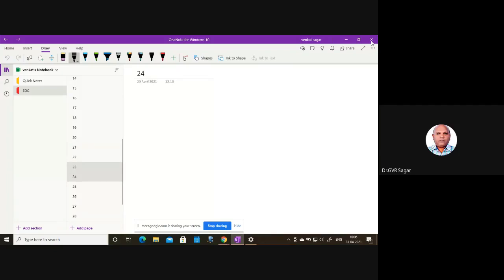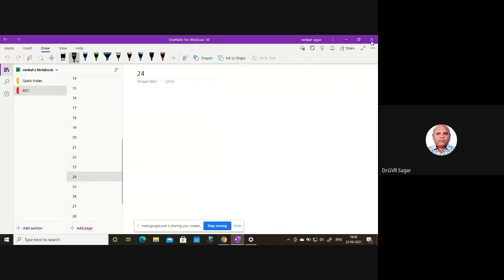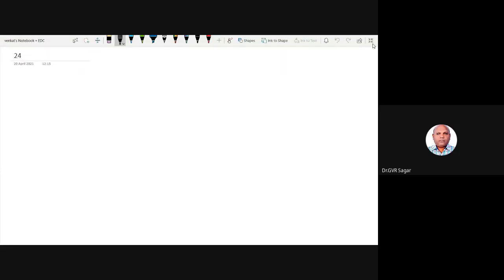So two devices are complete now. One is the photo LED and another is the photodiode. And one more is the UJT, unit junction transistor. The third device is the unit junction transistor, UJT.